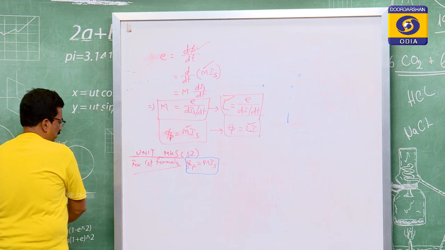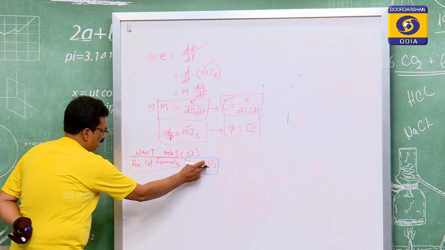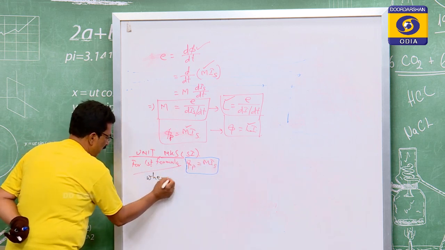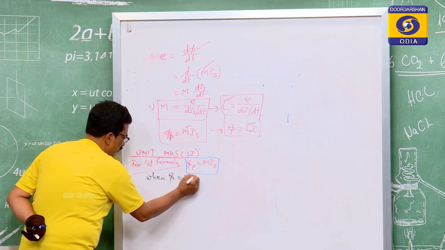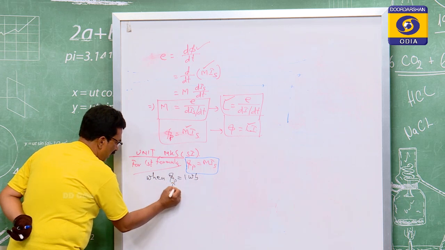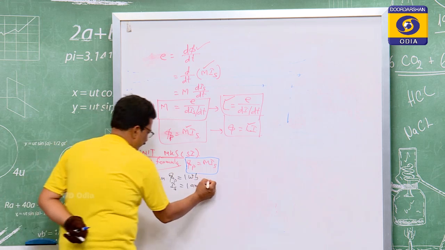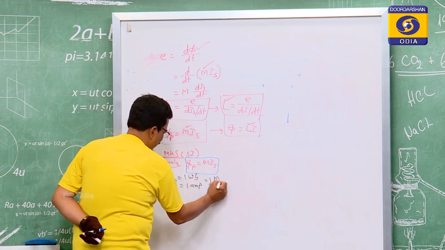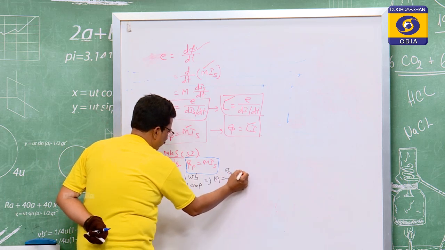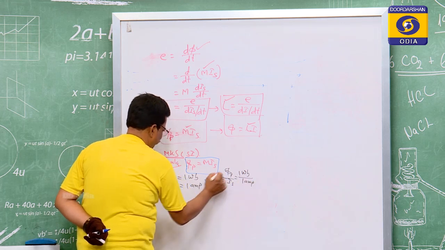Phi p is equal to MIS. For the formula, you take the mathematical expression. Phi p is equal to MIS means when phi p is equal to 1 Weber and Is is equal to 1 ampere, implies M is equal to phi p by Is, means 1 Weber by 1 ampere.